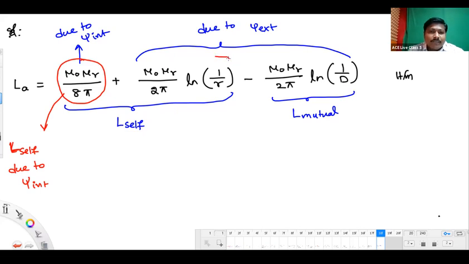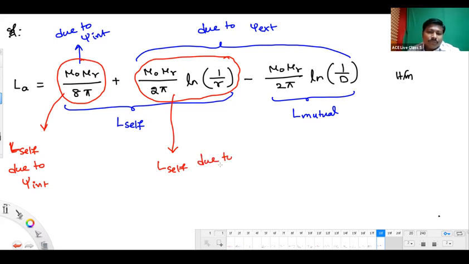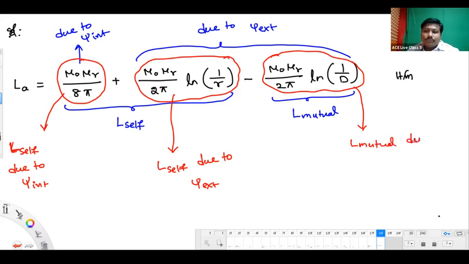What about the second term, self or mutual? Self due to external linkages. The last term is mutual due to external linkages.